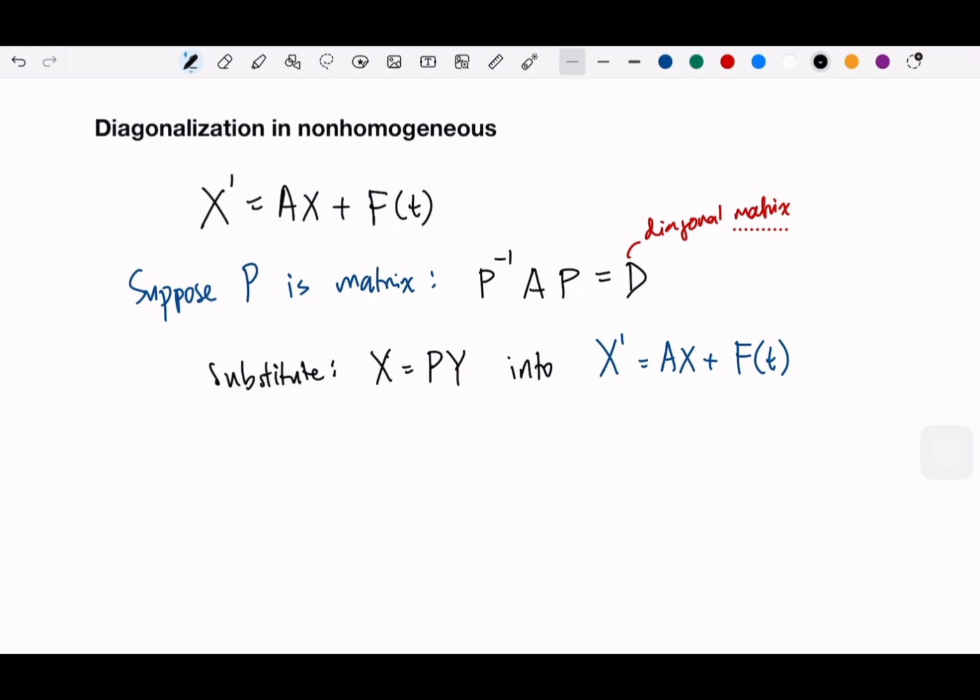This will give you x prime equals Py prime. Okay, so we can substitute all into the system. This will give Py prime equals APy, and then we have f. Let me just write f of t as f.